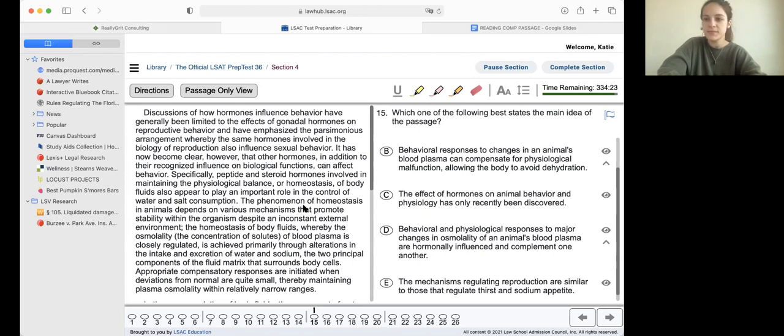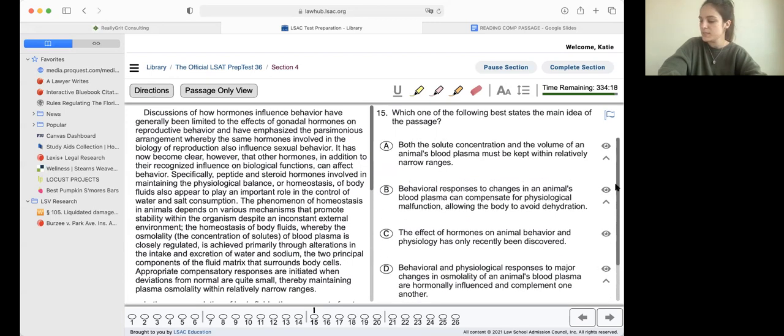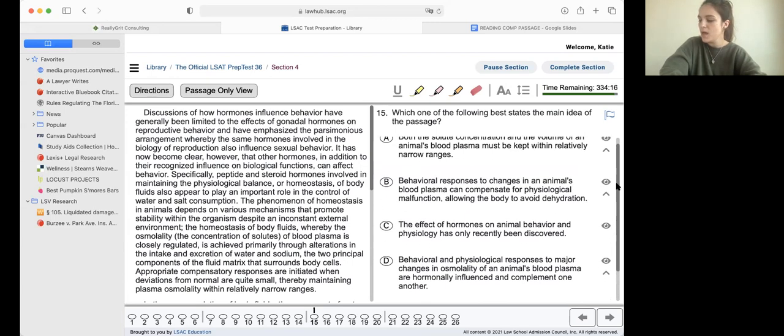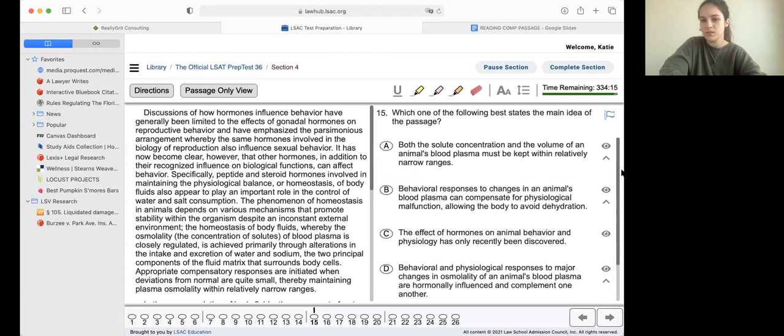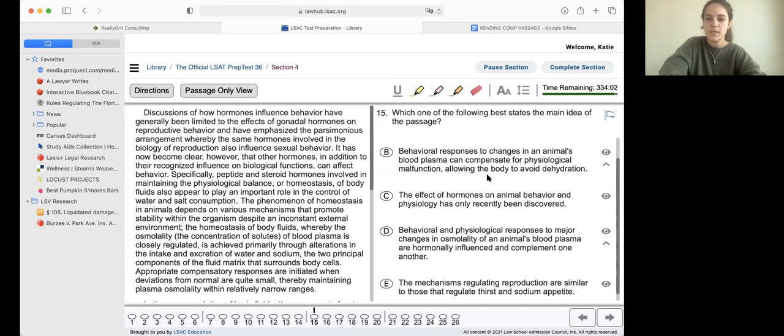All right, it is 11:59. So what we were really looking for, the key words here, were hormones affect behavior. As we can see up here, both the solute concentration and volume of the blood plasma, the focus here is the hormones and how the hormones impact it. So we're missing that from here. B, behavioral responses to changes can compensate for physiological malfunction.